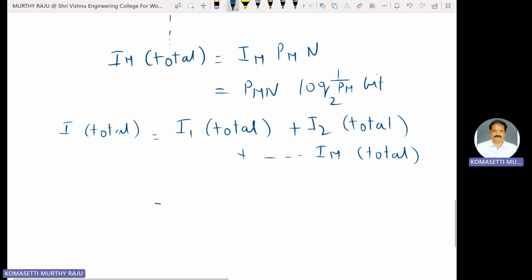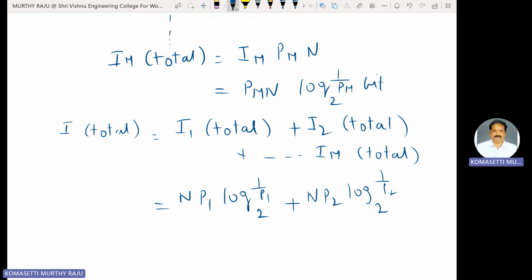I1 total is N into P1 log 1 by P1 base 2, N into P2 log 1 by P2 base 2 and so on so forth, IM is PM into N log 1 by PM base 2.